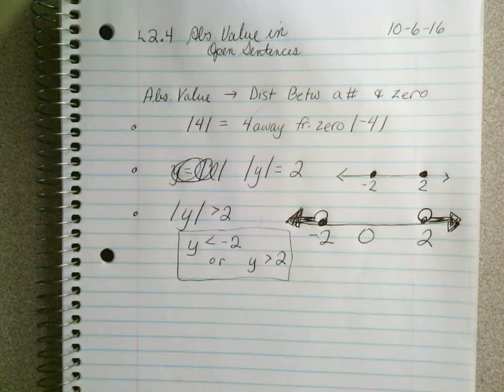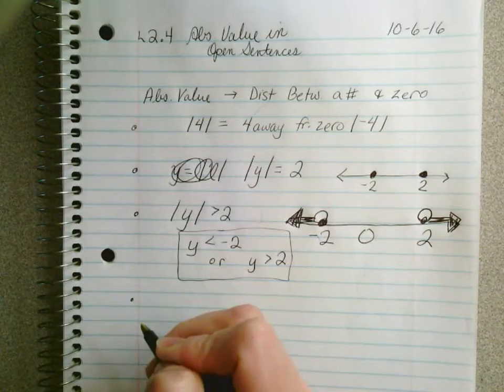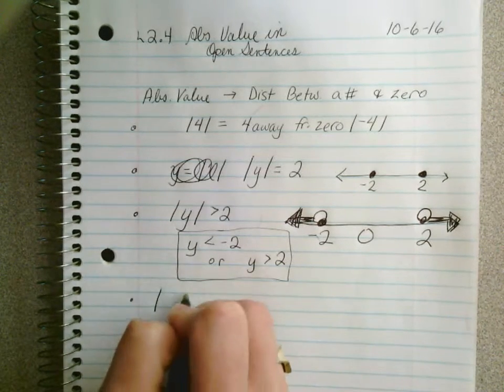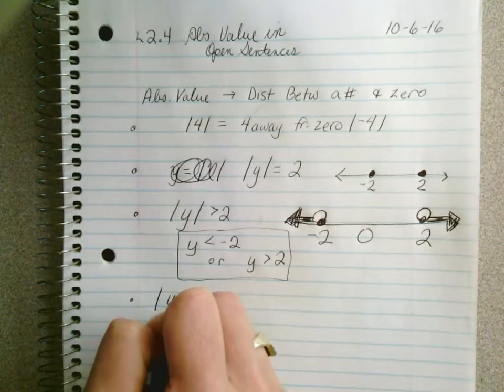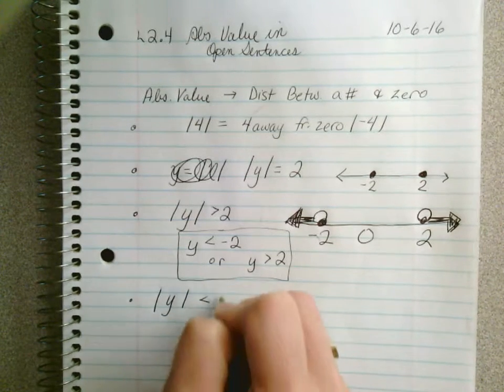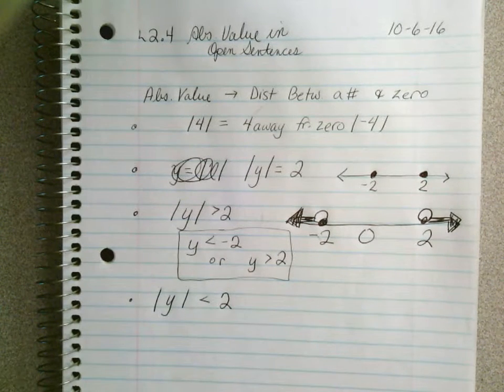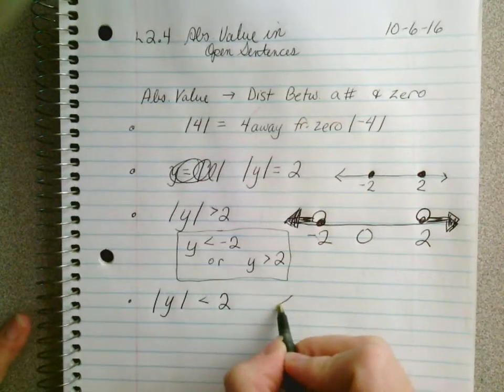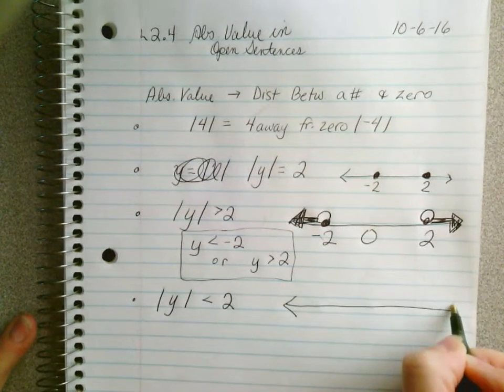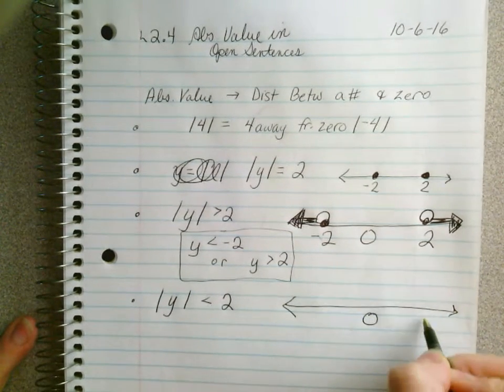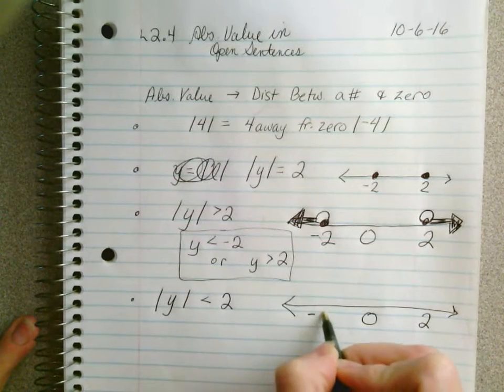Maybe I'll say to you the absolute value of y is less than 2. So still continuing on the path of the land of 2's, 0 to negative 2.